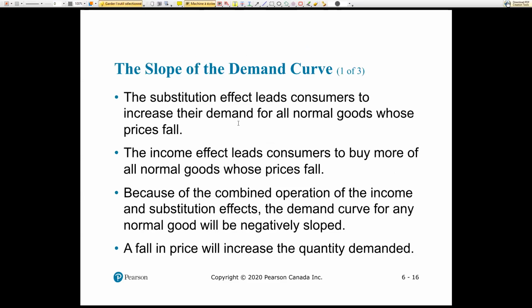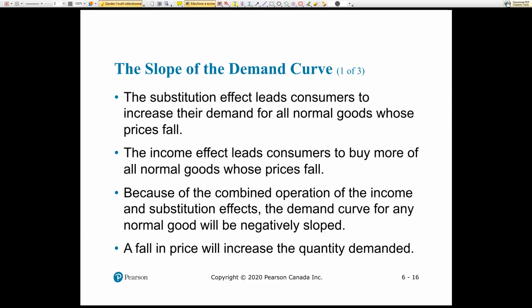Okay, slope of the demand curve. Obviously the size of both effects is going to change the slope of the demand curve. For some goods, the demand curve is going to be very steep, whereas for some other goods, it is going to be relatively flat. It's a play between the two of them.